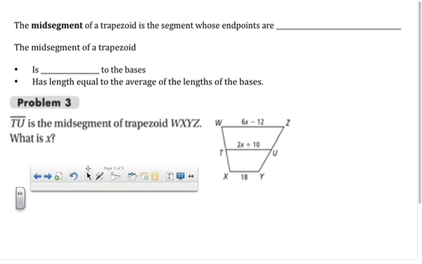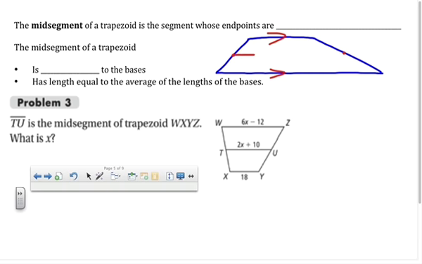Trapezoid will also have a mid-segment. Visually, this is what we're looking at. Again, it doesn't have to be an isosceles trapezoid. It can be Joe Schmo trapezoid. And once again, what I would hope that you'd be realizing is that that mid-segment is parallel to the bases.